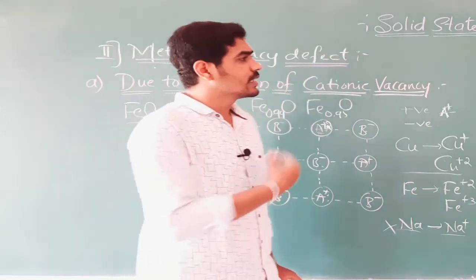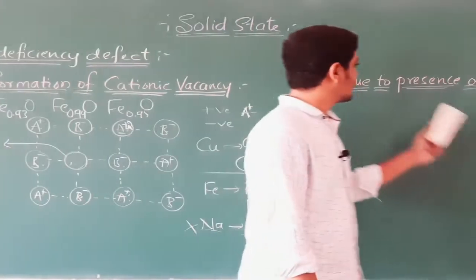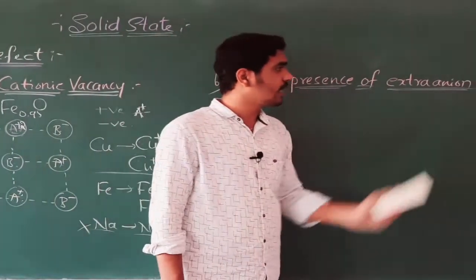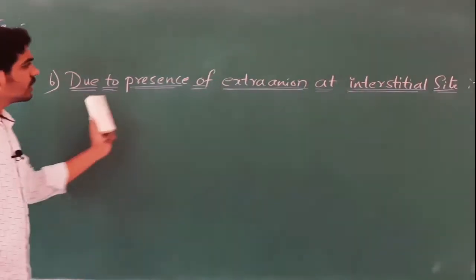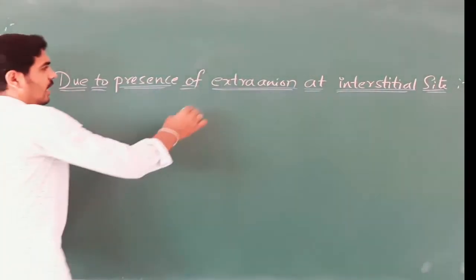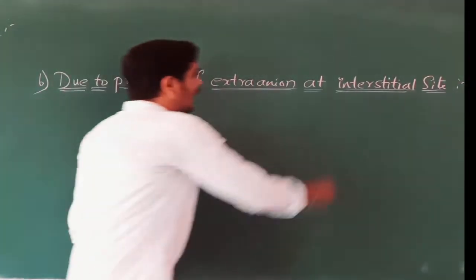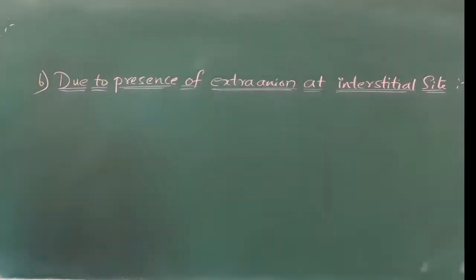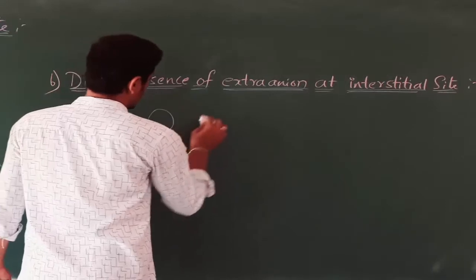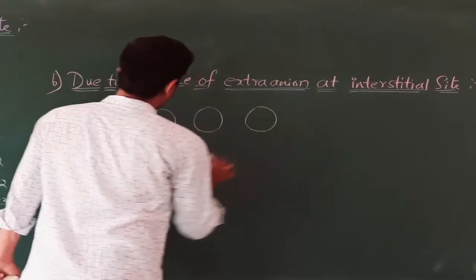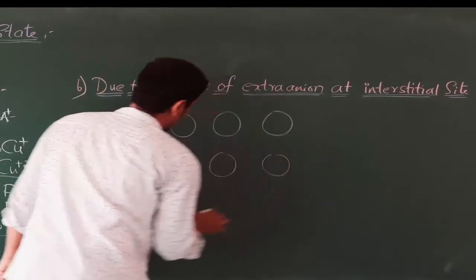Then moving to the next reason or cause for metal deficiency defect, that is due to presence of extra anion at interstitial site. Okay, so idrolage enagutte, as the name suggests, an extra anion is present at the interstitial site. Again let us consider the crystal lattice. Crystal lattice anna tagori ondu, okay, which consists of positive and negative ions.